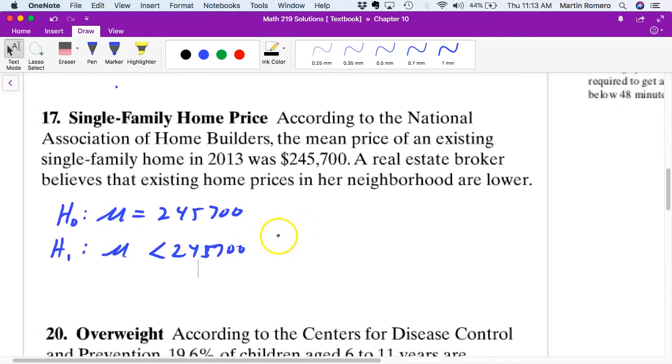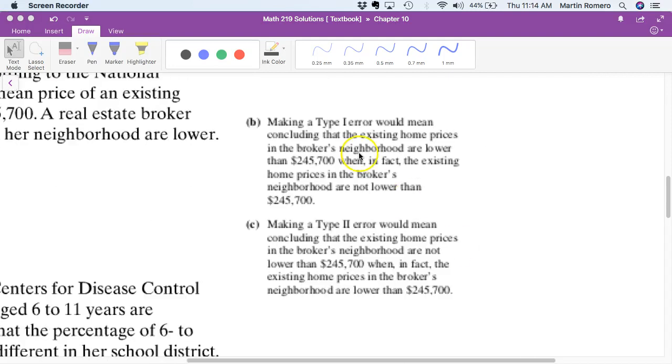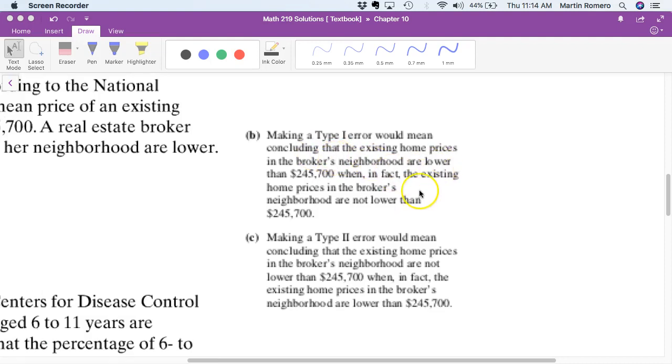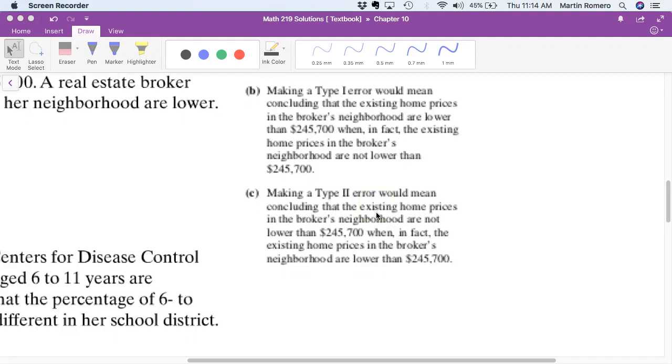And then once again, what are the type 1 errors and type 2 errors? So the type 1 error in this case would mean concluding that the existing home prices in the broker's neighborhood are lower when in fact the home prices are not lower, right? So we say those home prices are lower when in fact they're not. That's a type 1 error. A type 2 error would mean that the existing home prices in the neighborhood are not lower, when in fact the existing prices are lower.